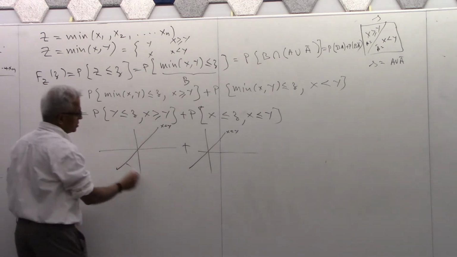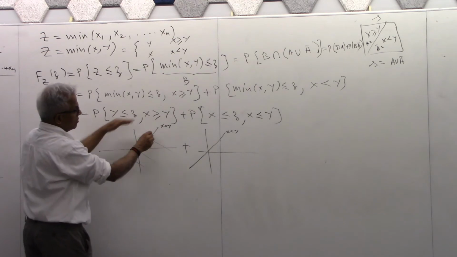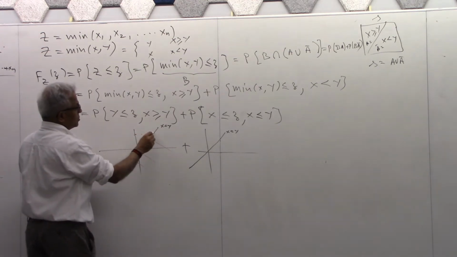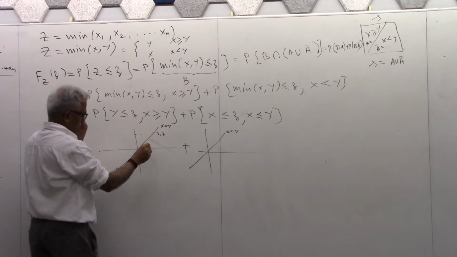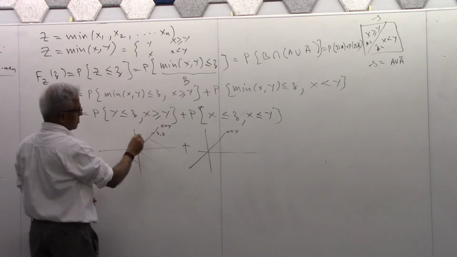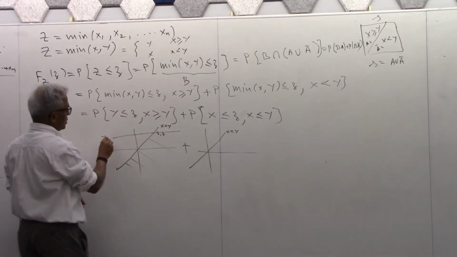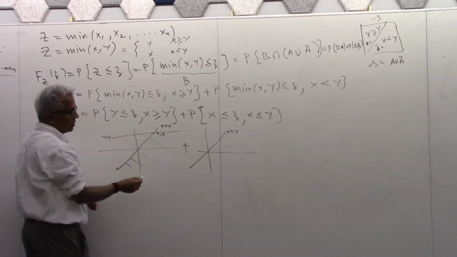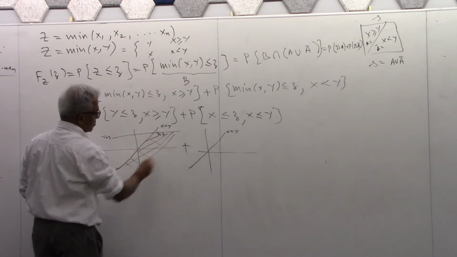So I hope you see this is the region x greater than y. And if y equal to z is here, so let's say this is z comma z, then this is the line y equal to z, right? Below that, but under this, so it will be this region, right?